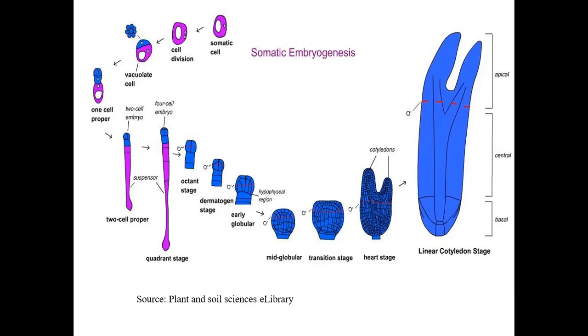For the others, we call them globular, heart, torpedo, and cotyledonary stages. Somatic embryos also accumulate seed-specific storage reserves and proteins, which are characteristic of seed storage proteins, in lesser amounts.